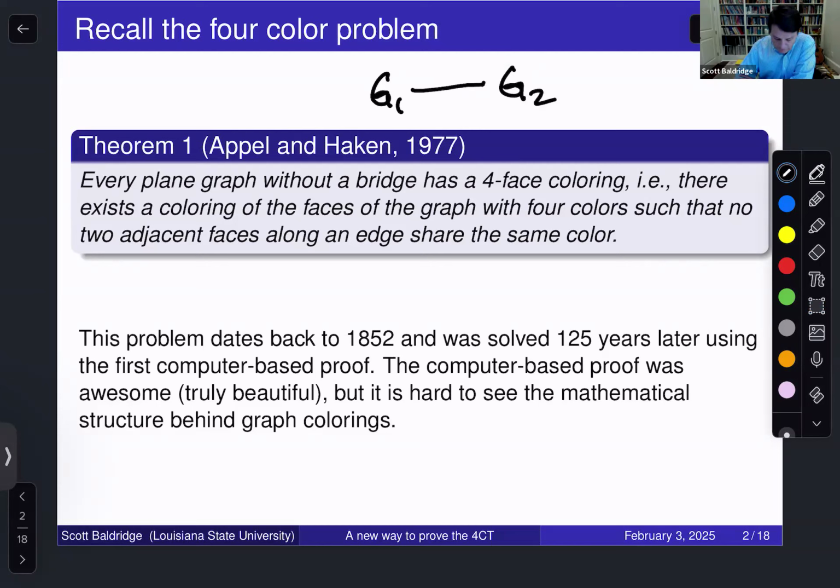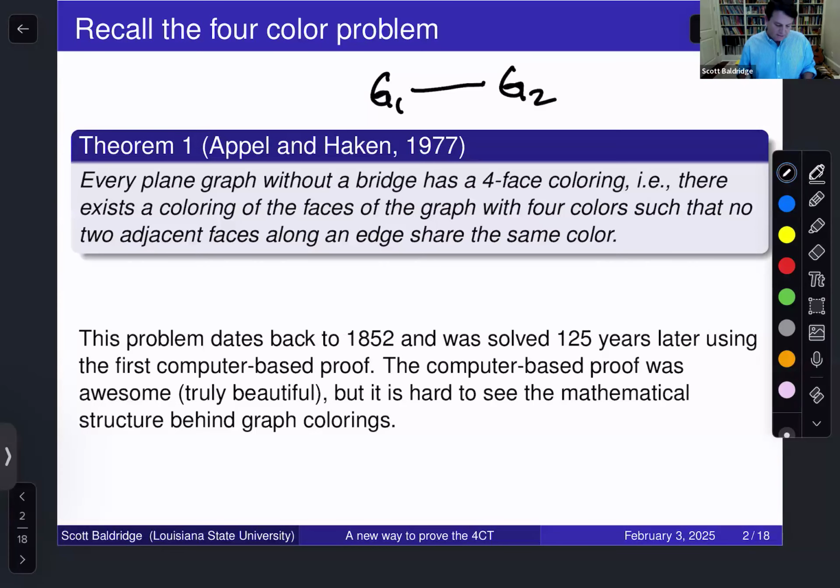So any trivalent graph without a bridge can be 4-face colored. That means you can put 4 colors in each of the faces of the graph so that along any edge you don't have red and red. You'll always have red and blue or red and green.